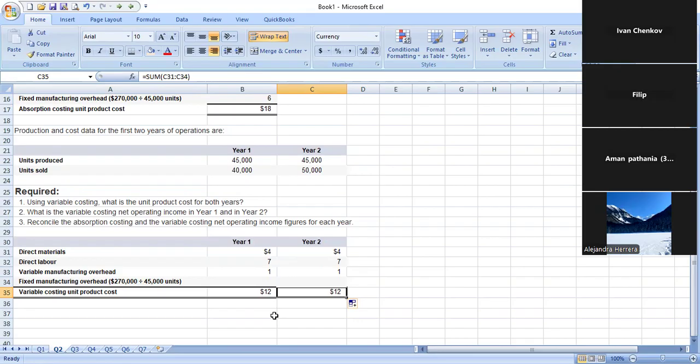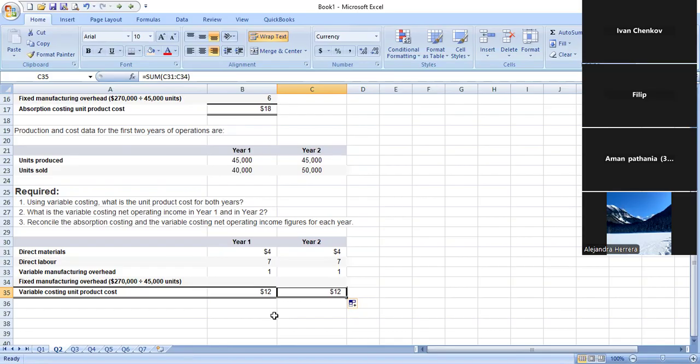Since the production is the same in both periods, the only thing that's going to drive the difference will be the ending balance of the inventory. Nothing else. The cost per unit in both years is going to stay the same. So what's the variable costing net operating income in year one and year two?